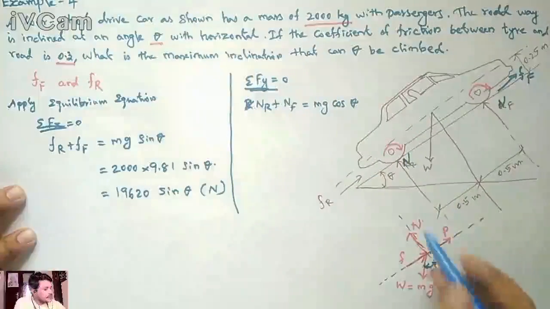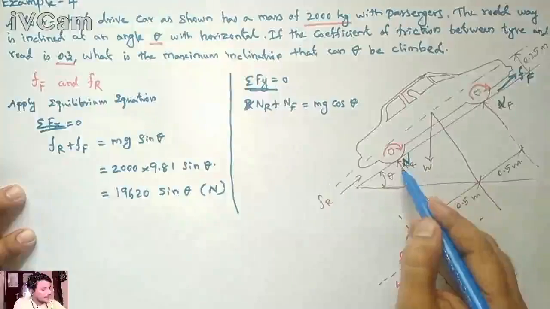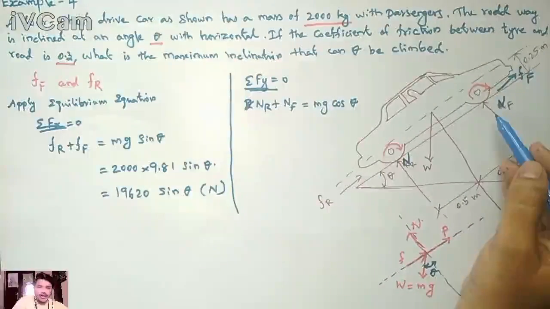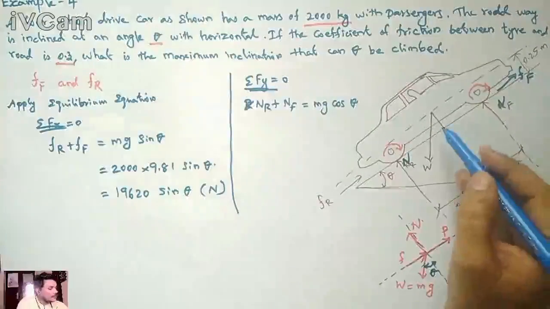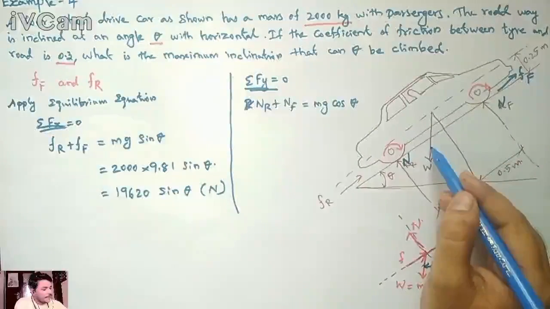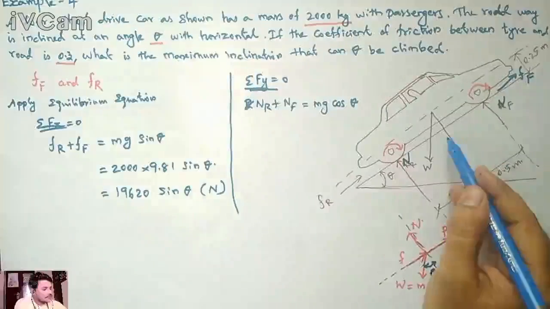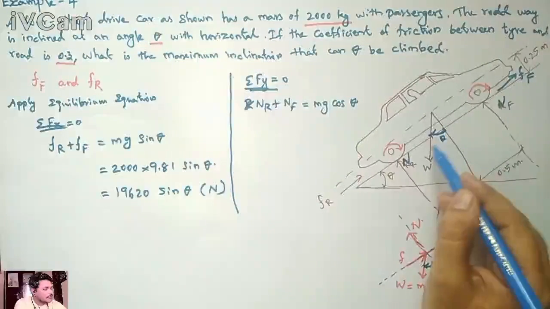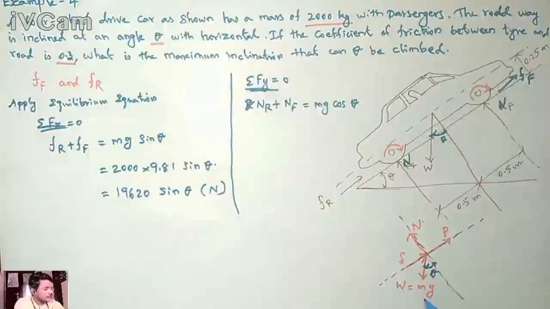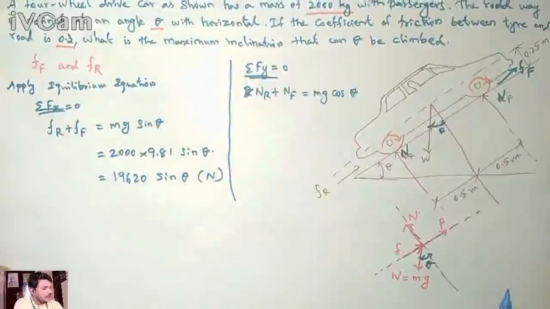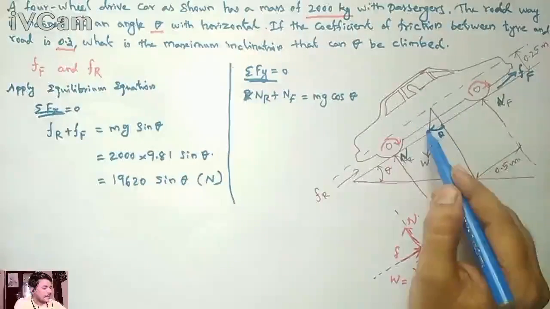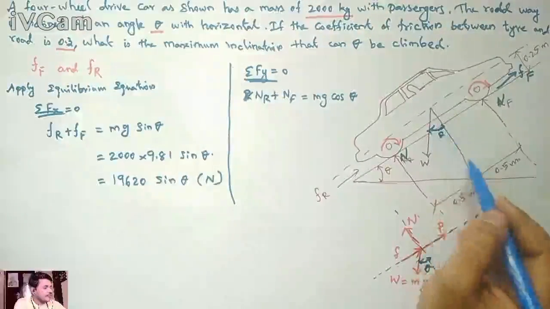NR is the normal reaction at the rear wheel, NF is the normal reaction at the front wheel, and this W you need to resolve in the vertical direction. This is your angle theta. So W is the mass into acceleration due to gravity, mg into cos theta, because the angle is with respect to the vertical axis.